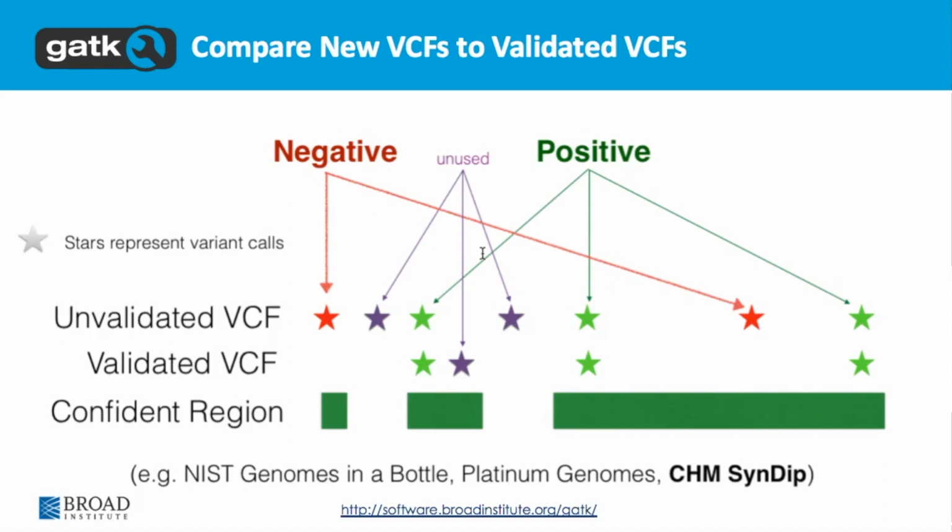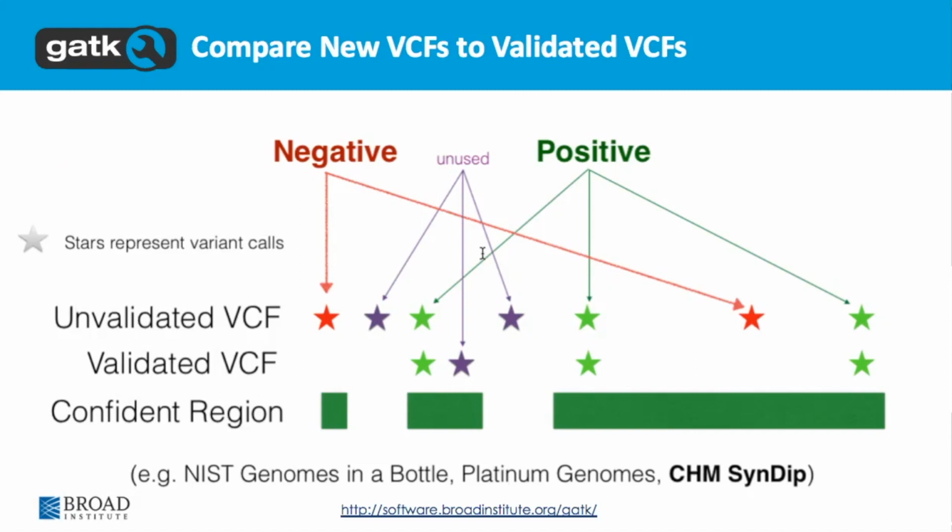And if you get a bunch of different callers, such as GATK, FreeBayes, the Illumina ones, and they all agree on the same call, then it's probably a good call. And so we put it in this confident region, right?